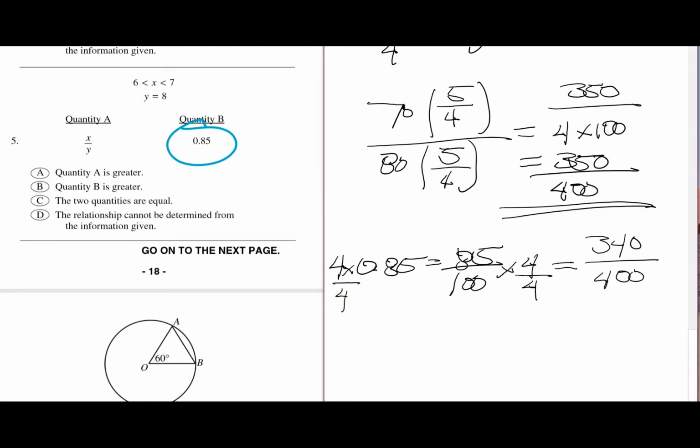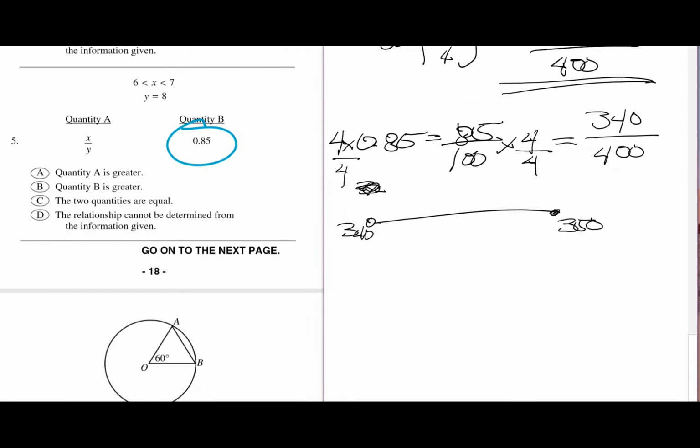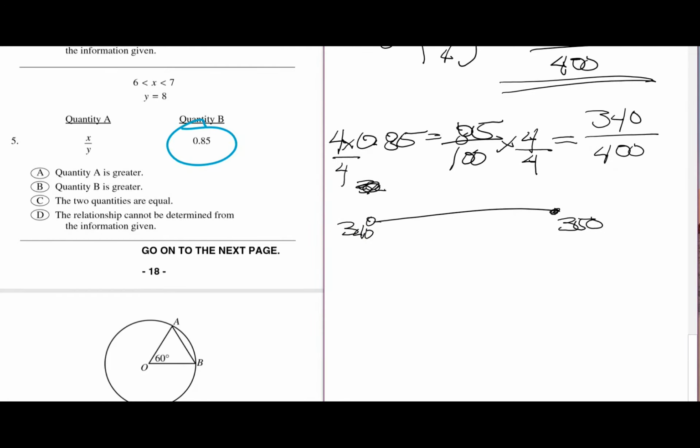So right here we have 340 and we have 350. So for this case, this is 0.85, and we could have A be anywhere in here.